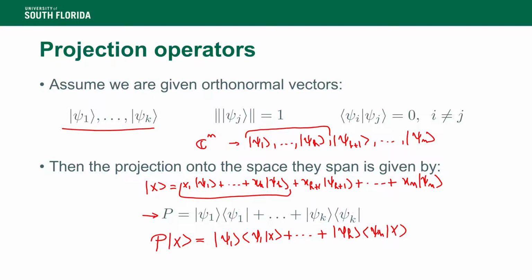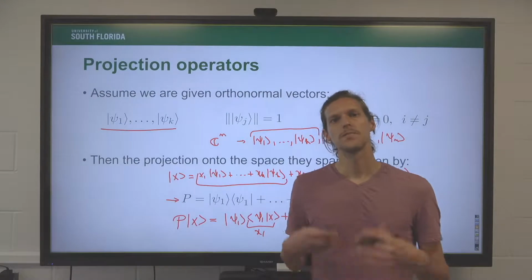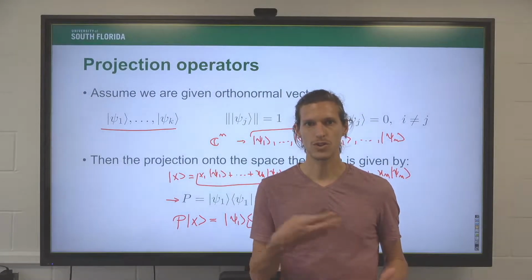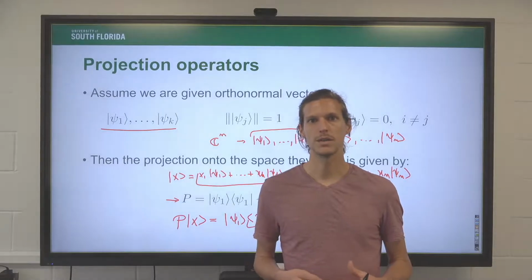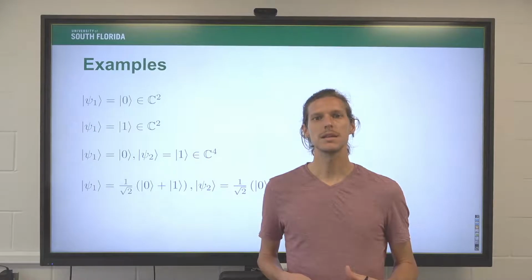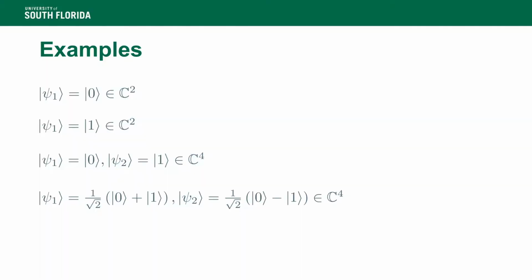And as we've seen from the decomposition onto an orthonormal basis, this inner product is x1, and this one, for example, is xk, which gives us exactly what we claimed. So those outer products give us exactly what we need to perform our projection onto that dimension k subspace of C^n.